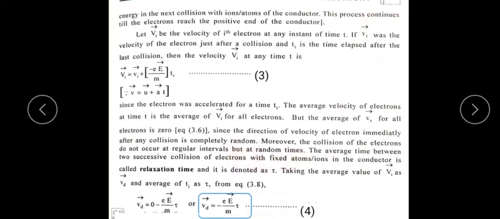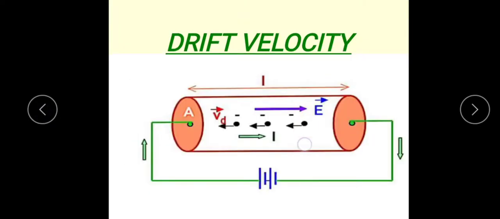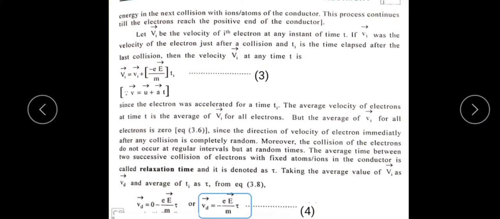The average time between two successive collisions of an electron with the fixed atoms in the conductor is the definition of relaxation time. For example, if an electron collides here and immediately its velocity becomes 0, then it is accelerated again and comes to the second collision here. The time elapsed between these two collisions is called relaxation time, which is represented by tau.